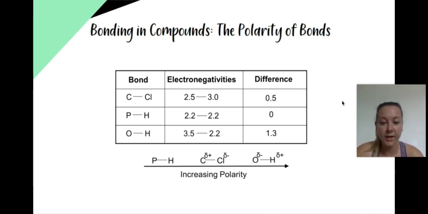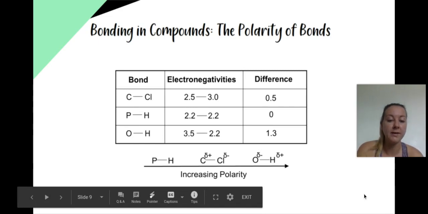The phosphorus and hydrogen has no difference, so it would be called a pure covalent bond or a non-polar covalent bond. And O to H, oxygen to hydrogen, has a difference of 1.3, so again, it is more polar than the carbon to Cl bond, but it's not enough of a difference to be ionic. Remember, we're looking for something with a difference greater than 2 for it to be ionic.